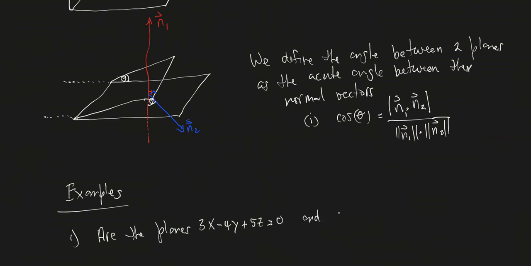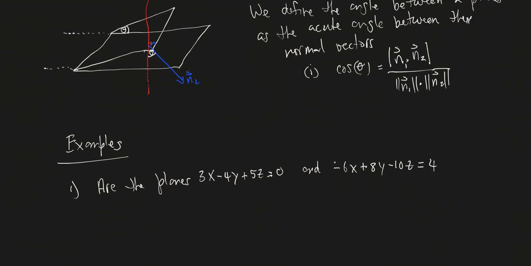and the other plane is negative 6x plus 8y minus 10z equal to 4. Are these planes identical? Meaning, are they the same but just written in a different form? Are they parallel?